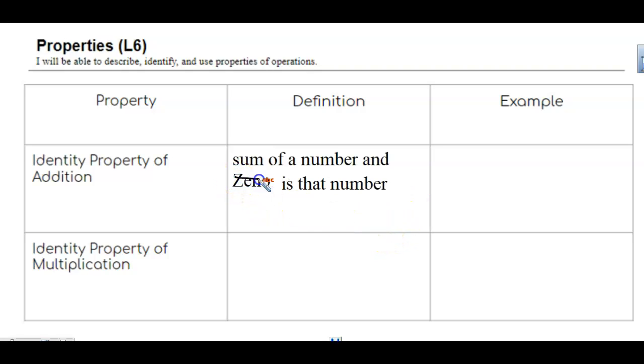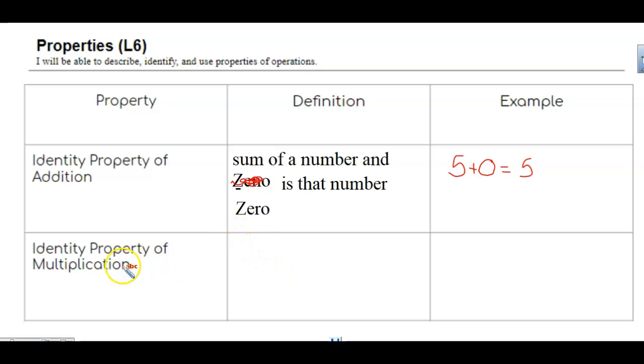Okay, and this should say 0. All right. So an example of this, let me scribble that out so you don't look at that, would be like 5 plus 0 equals 5, okay?